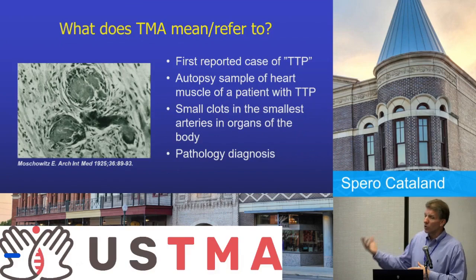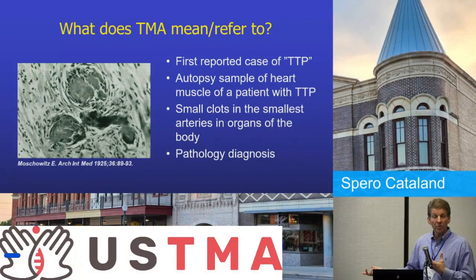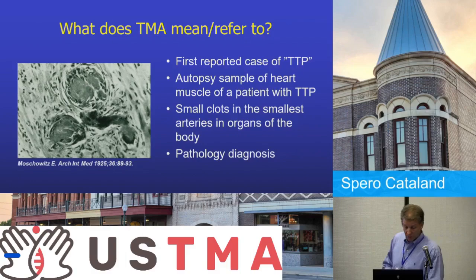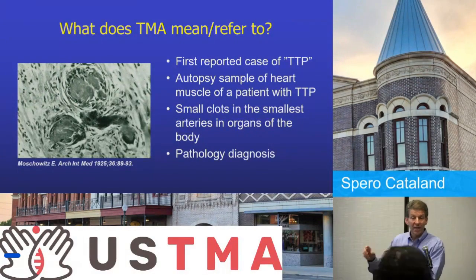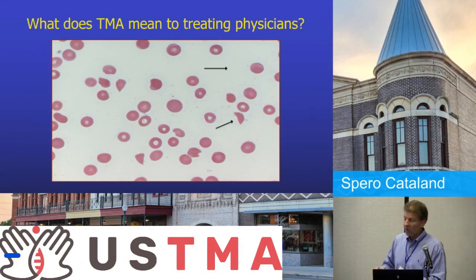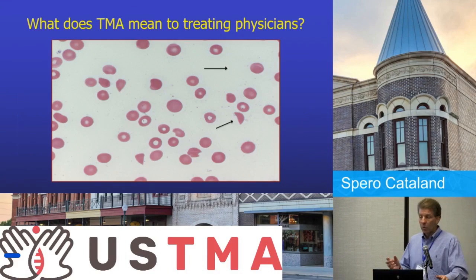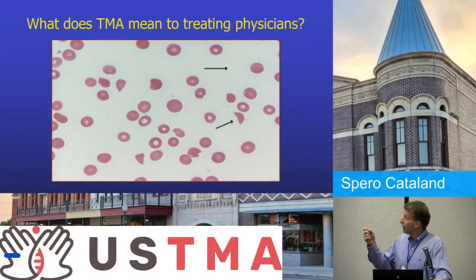So early on, you see clinical descriptions, and unfortunately, you see postmortem descriptions after people have died, because there wasn't great testing or understanding of these disorders. The term TMA, a pathologist will use to describe what they see on a kidney biopsy. But it has also evolved over the years to reflect a clinical syndrome where a patient has a low platelet count and has fragmented red cells.